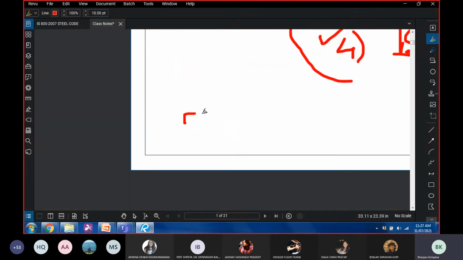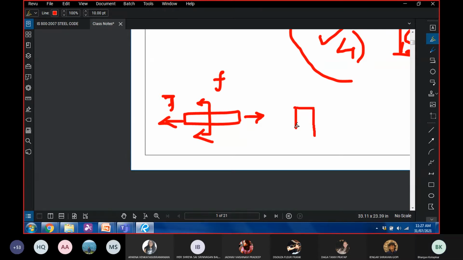So let us say that this is a member that is subject to tensile force T. So what type of stress will you expect here? If I just have to draw a stress diagram, you might expect a uniform stress.